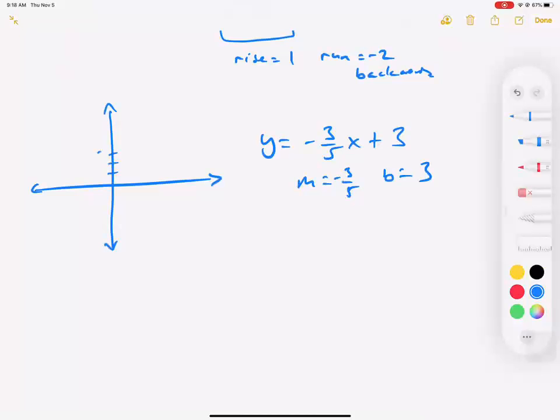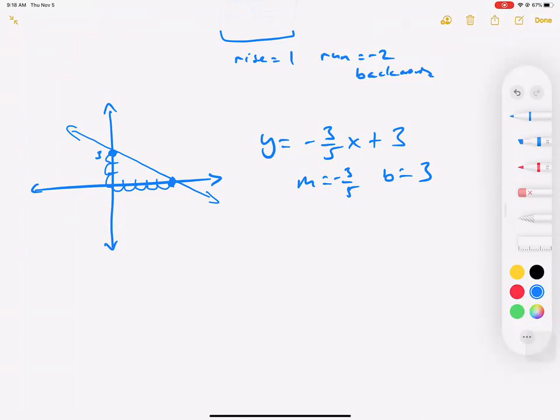My y-intercept is 3. My slope is -3/5. -1, 2, 3, 1, 2, 3, 4, 5. We have 2 points. There you go.